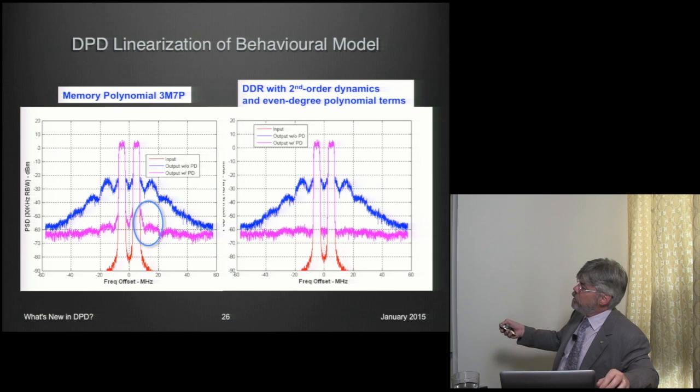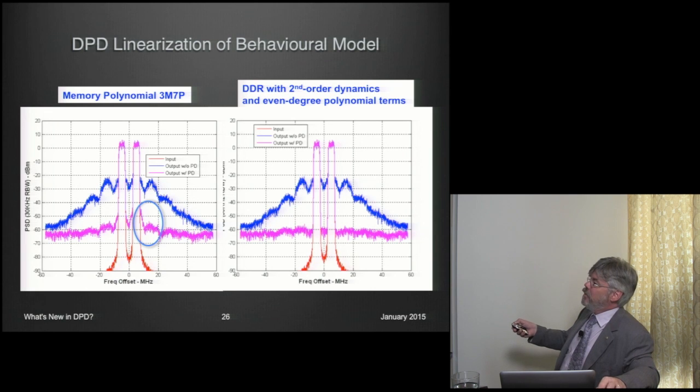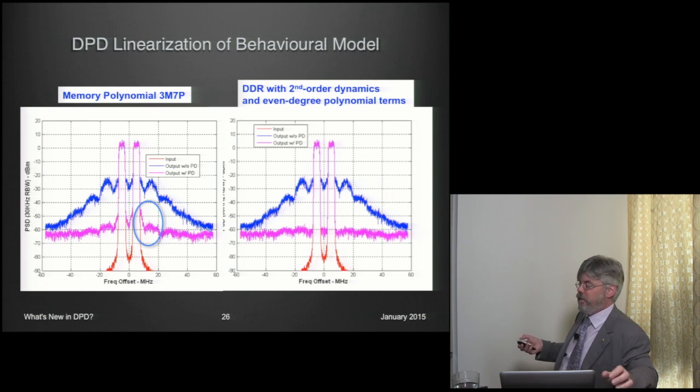Whereas using the Volterra series with dynamic deviation reduction, which is a technique for crossing out a lot of the cross terms, for a similar number of coefficients you're getting a much better, much cleaner signal out from here.